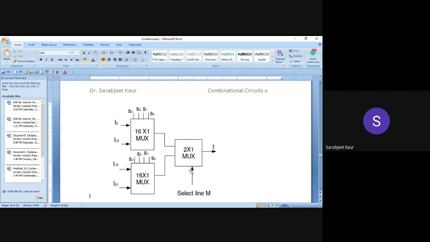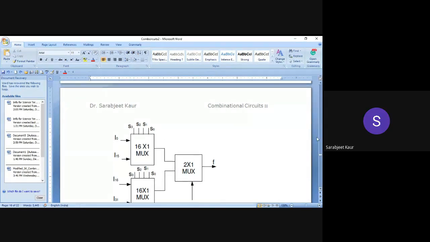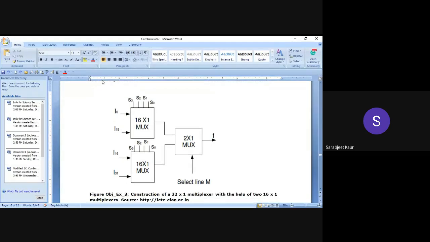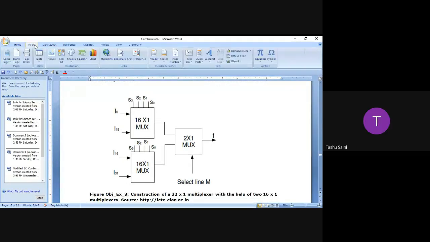To build such a multiplexer, we must first realize how many input lines it will have. A 32 cross 1 mux should have how many input lines? 32.